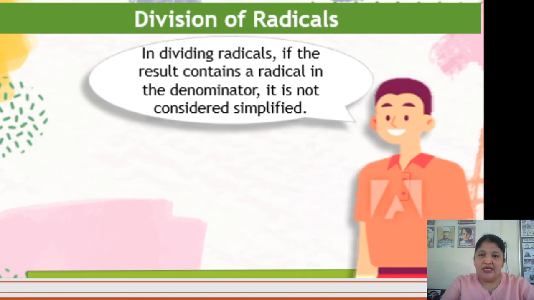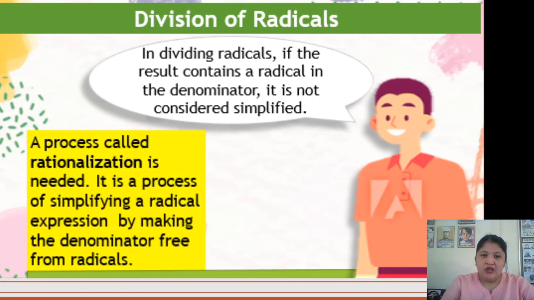In dividing radicals, if the result contains a radical in the denominator, it is not considered simplified. So, a process called rationalization is needed. It is a process of simplifying a radical expression by making the denominator free from radicals. Example, we have 2 divided by square root of 3.